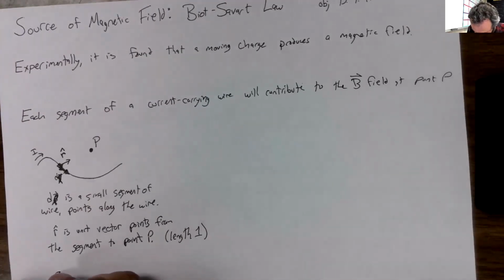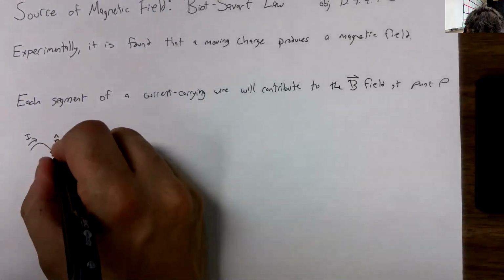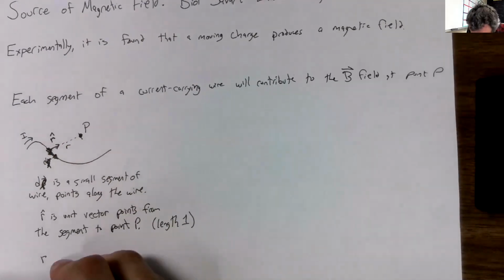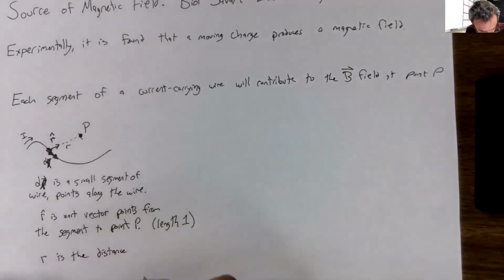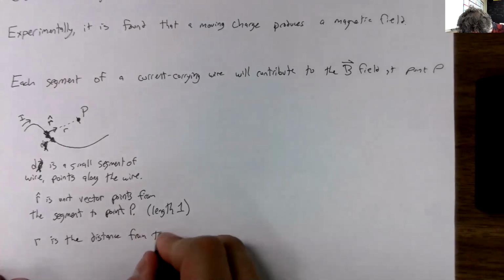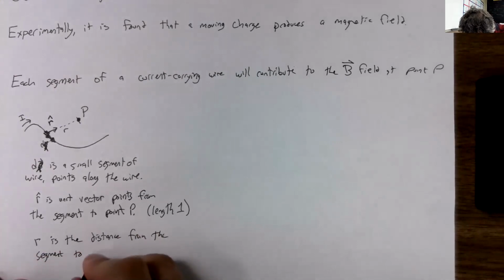And we're going to have r, the magnitude, right? So this distance here is r, without the vector hat. It's the distance from the segment to point P.